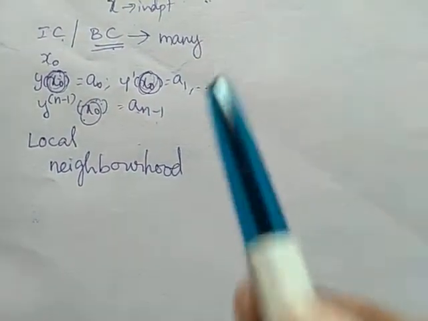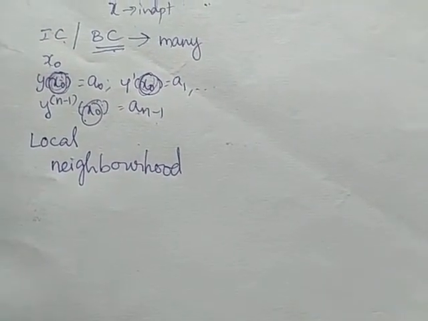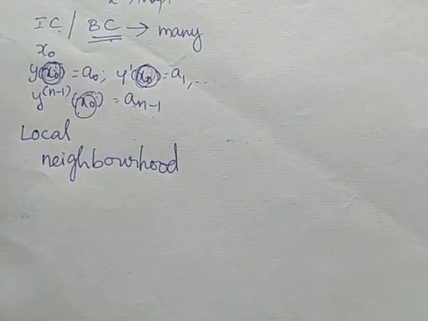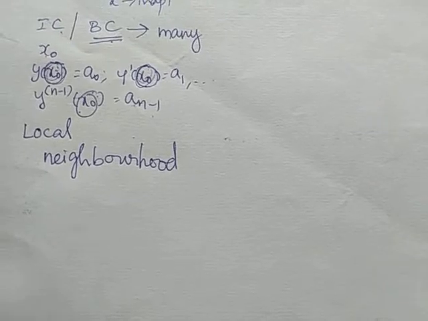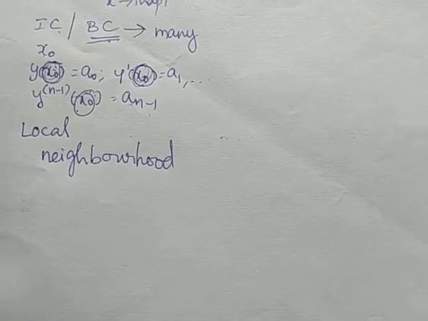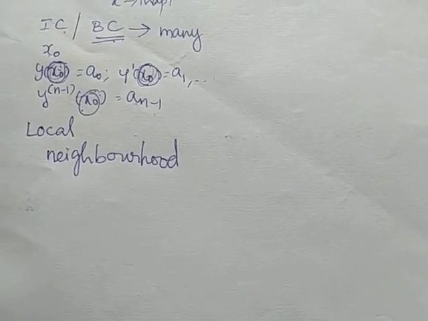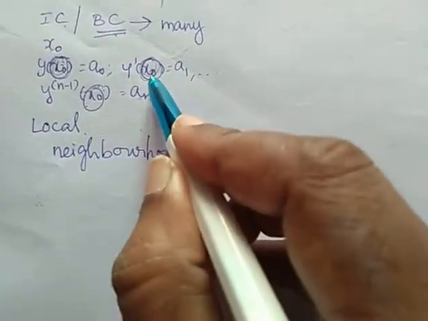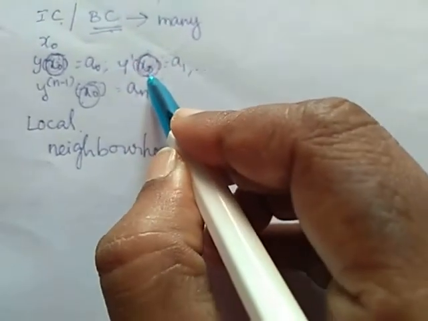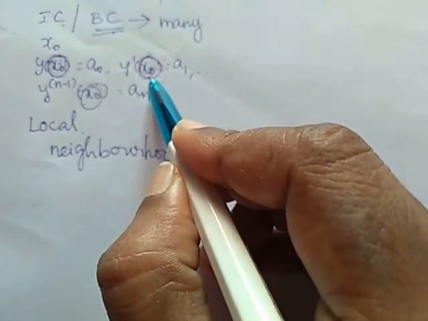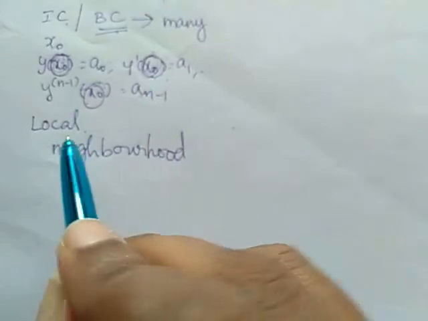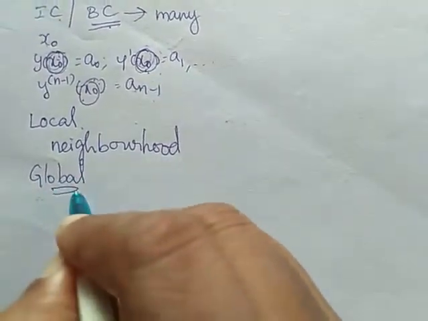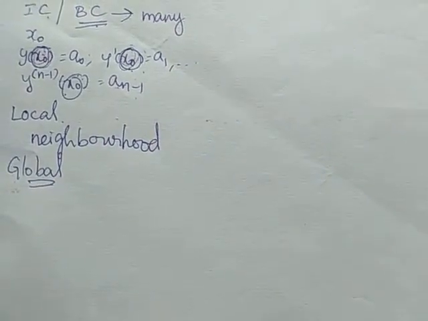If this neighborhood is sufficiently small, then we go for global analysis. In some cases, it will be difficult to attempt the solutions for the entire region. In local analysis, we analyze the solution in the neighborhood of the point in which the solution is valid. In global analysis, we will analyze the solution for the entire region.